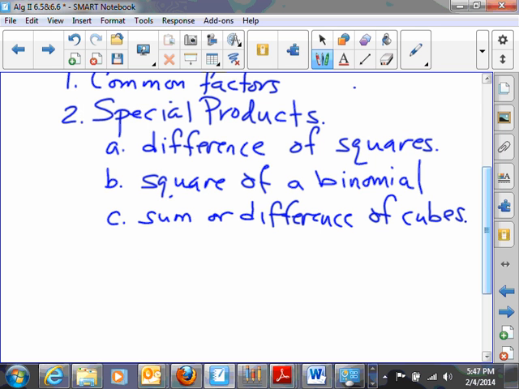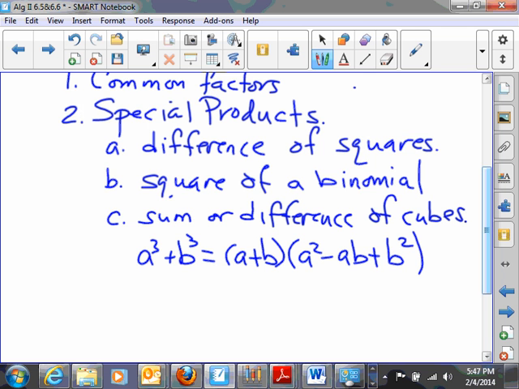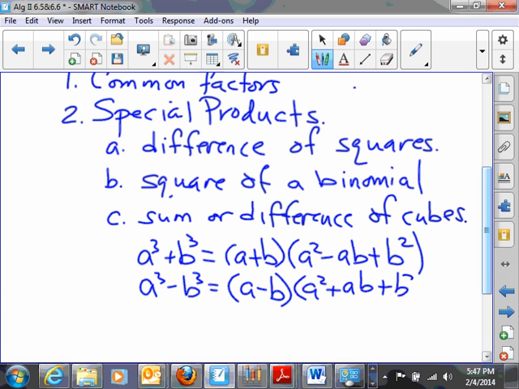If you have a cubed plus b cubed, that will factor into a plus b times a squared minus ab plus b squared. If you have a cubed minus b cubed, that will factor into a minus b times a squared plus ab plus b squared.